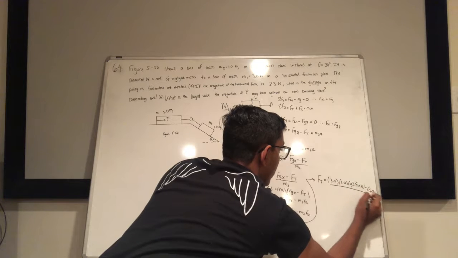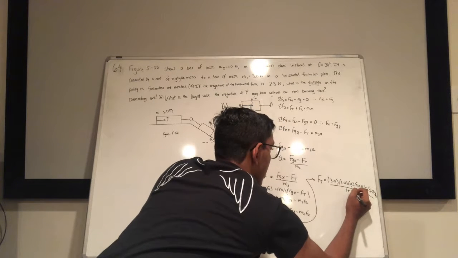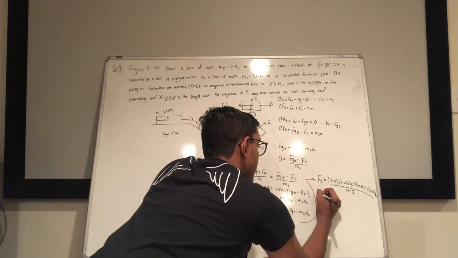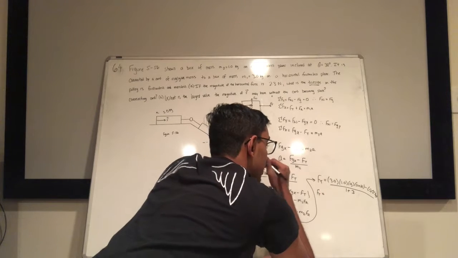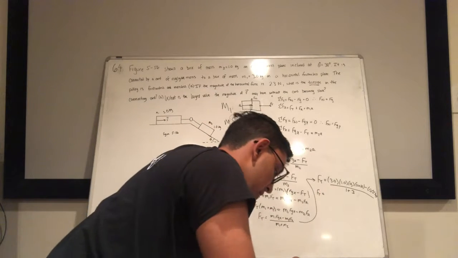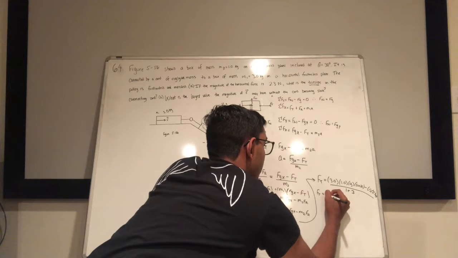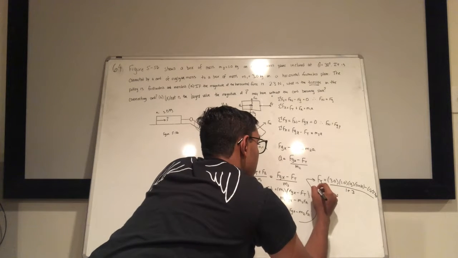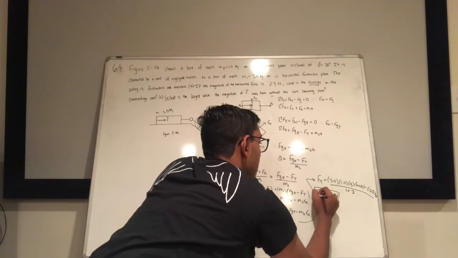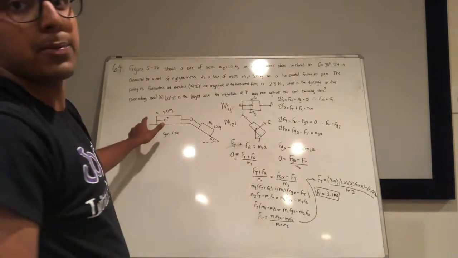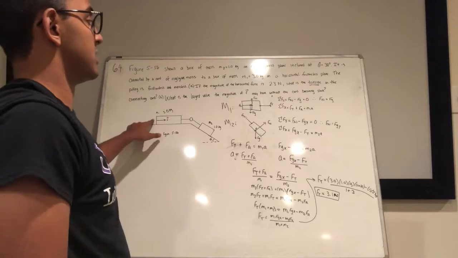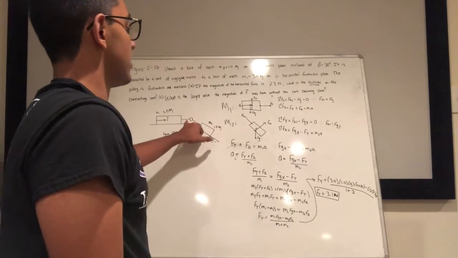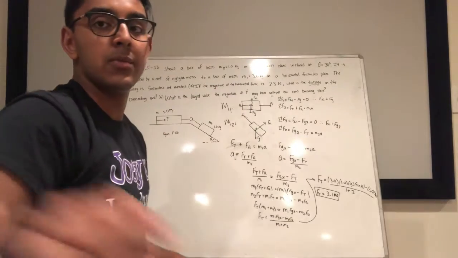And I divide all of that by 1 plus 3. Plugging that into the calculator, you get 3.1 newtons. So that means when the force applied over here on M1 is 2.3 newtons, the tension in the wire is 3.1 newtons. That's part A.